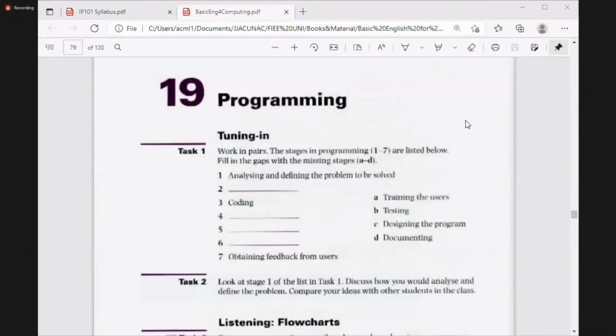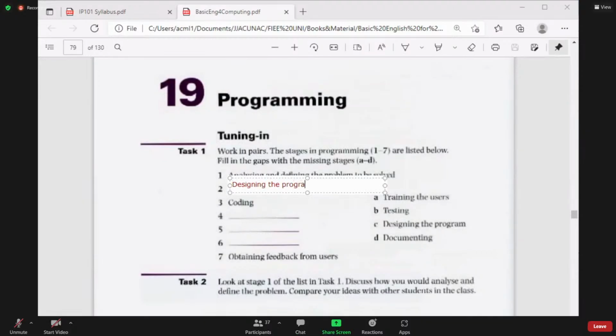What about the second part? The second part is connected to anybody? Yes, teacher. To letter C, designing the program. Designing the program, correct. Then we start coding.